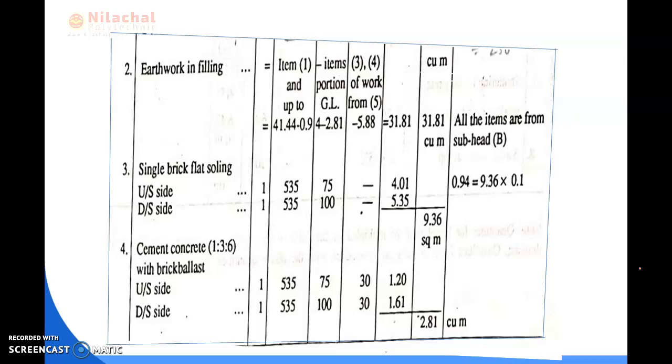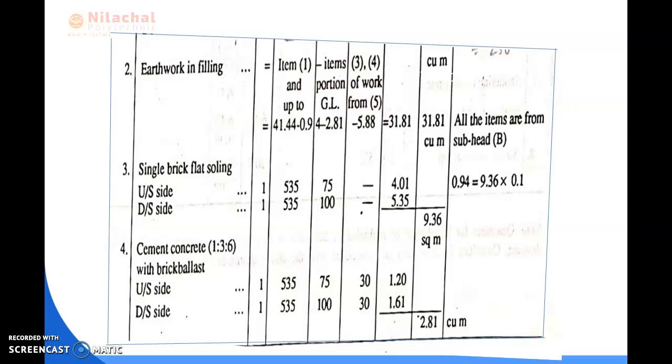So before we go through the earthwork in filling part, first of all we discuss the single flat swelling value, then the cement concrete with brick ballast value. After that we consider the remaining part of the earthwork in excavation and filling.